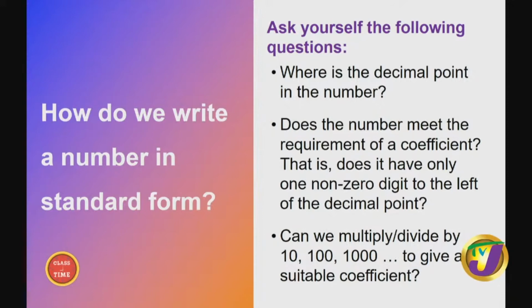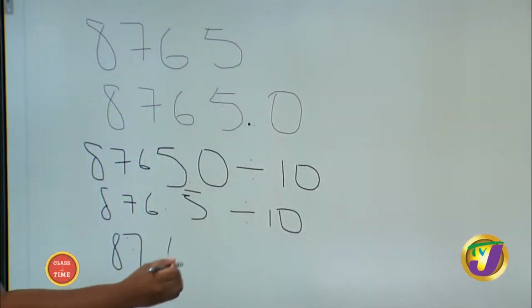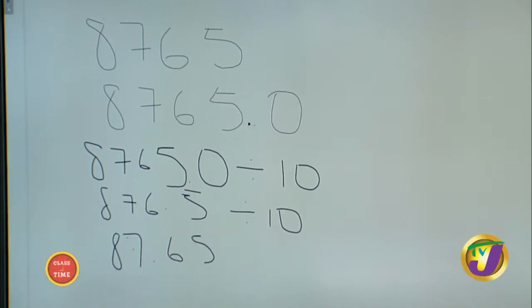If we divide 876.5 by 10, we would get 87 and 65 hundredths. Still not matching the coefficient.